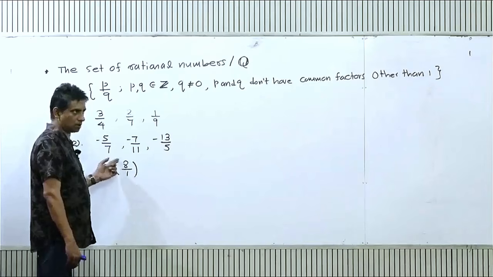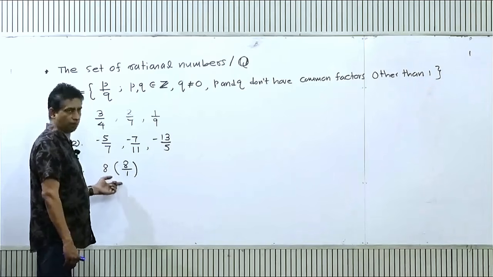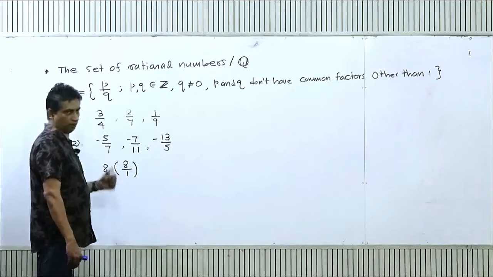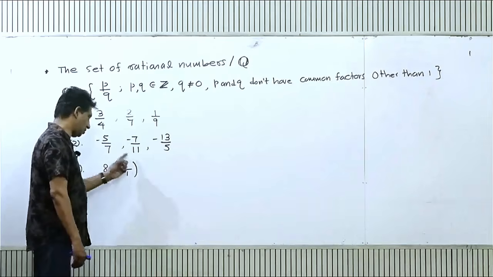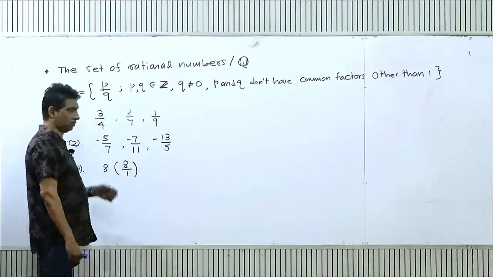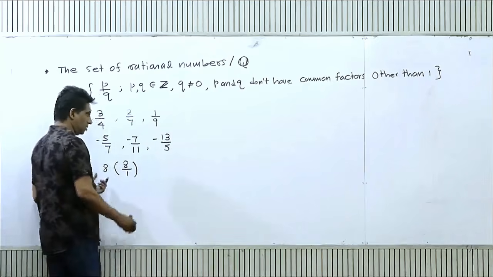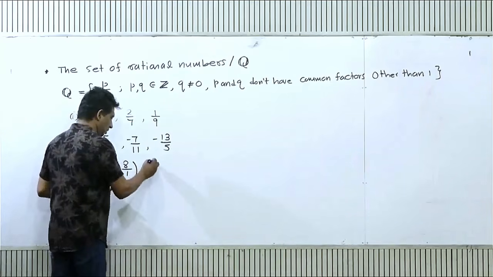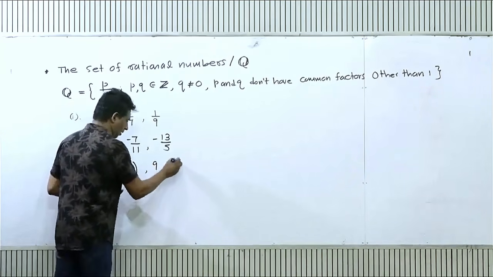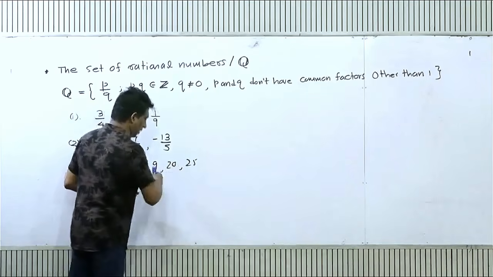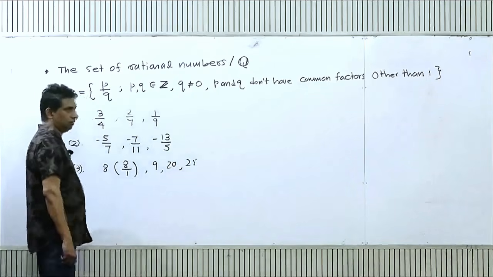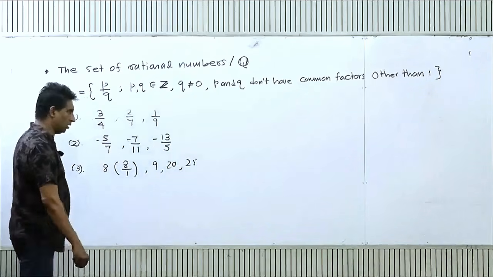Both these integers don't have common factors other than 1. Then this is a rational number. That means 8 is also a rational number. If 8 is a rational number, then 9, 20, 25, like that, any positive integer is also a rational number.